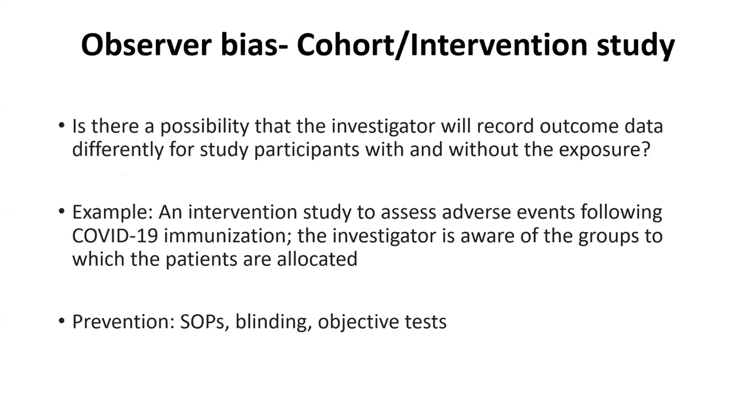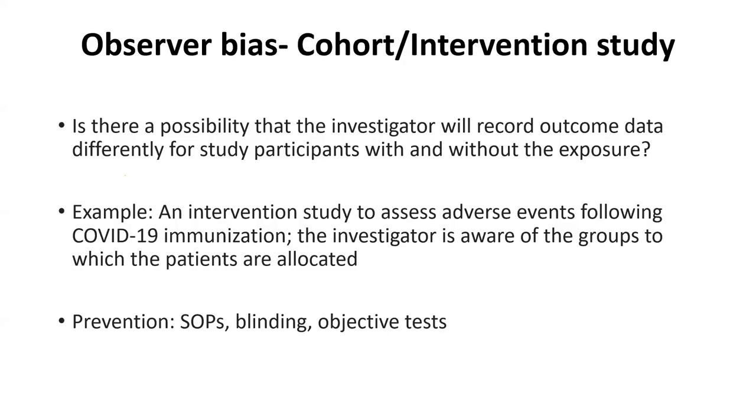which will ensure that bias does not occur. Now, in intervention studies, how can the role of the investigator be important? Again, if the investigator knows the exposure status of the participant, there can be errors in the recording of the outcome. If the investigator is assessing adverse events following COVID-19 immunization and knows the exposure status of the participant, then the way they decide upon the presenting symptom as AEFI could be biased.